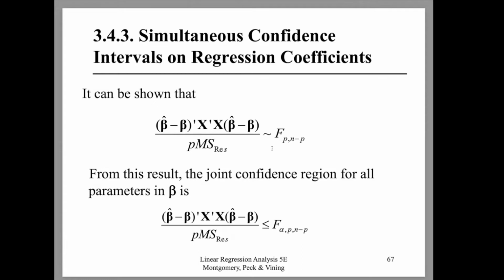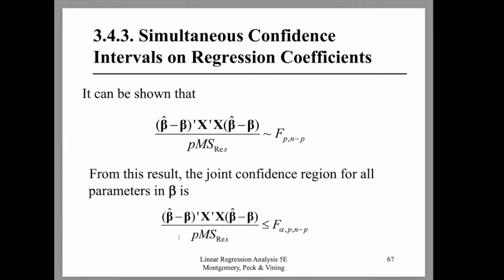Taking that into account, we can come up with a procedure that says that the joint confidence region for all the parameters in the parameter vector is given by the set of parameter points that satisfy this inequality.